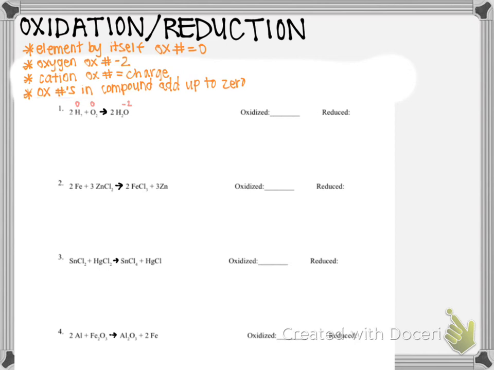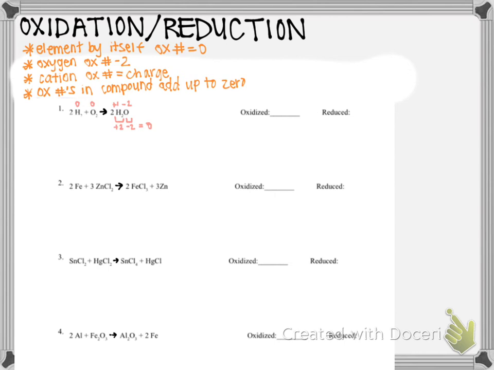So hydrogen is in the +1 category, so hydrogen is a +1. And we have 2 hydrogens, so that's donating a total of +2. And oxygen is donating a total of -2. So if you add those together, that would equal 0, and that is important to make sure that it always equals 0.